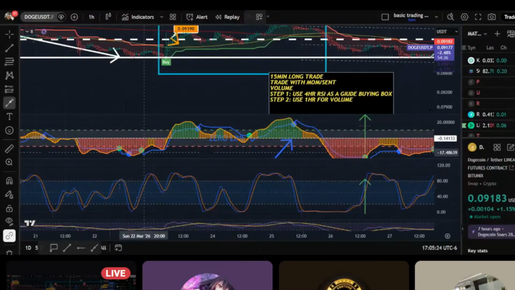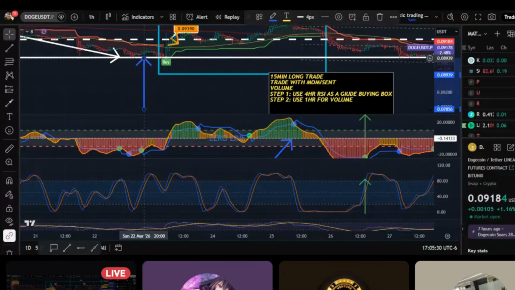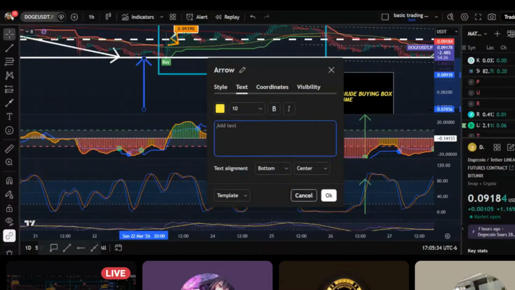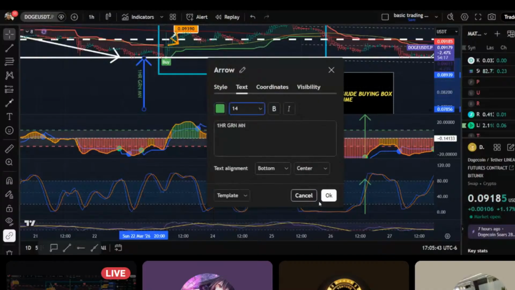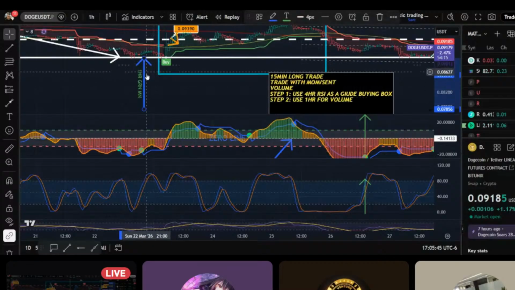All I'm going to do is take this 1-hour green moon and mark it, which is just taking an arrow, pointing up. I'm going to name this in settings, the 1-hour green moon. I'm going to turn that green and make that 14. And now we know at that point that's our 1-hour green moon.